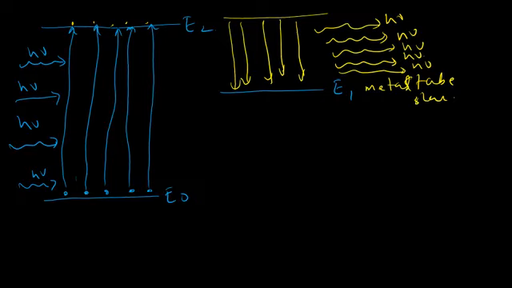Now next, what will happen? Now the electrons are in the metastable state. Here they can stay for a long time as compared to the excited state. So in this way we can get a larger number of atoms in the metastable state as compared to the atoms in the ground state.